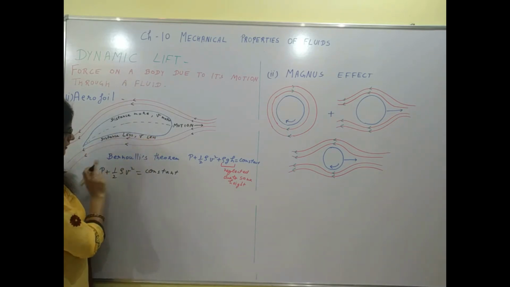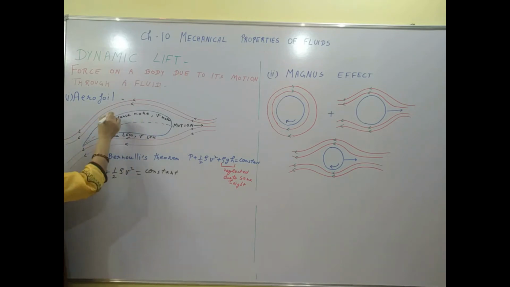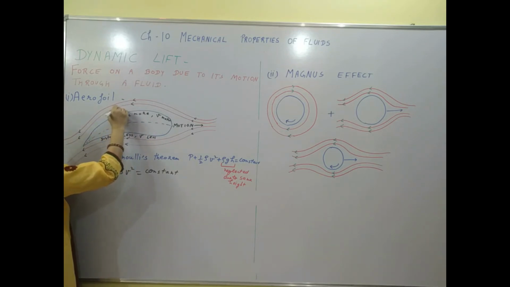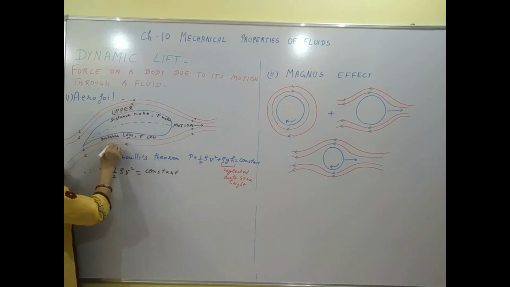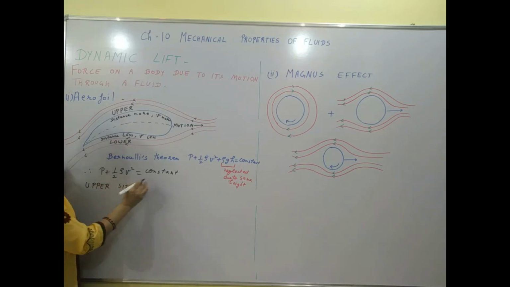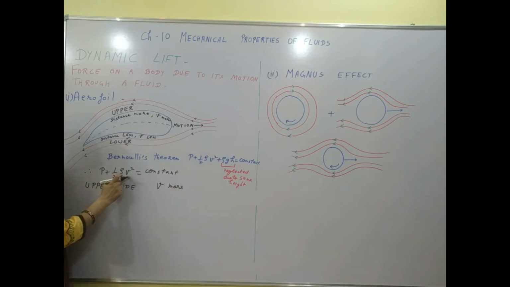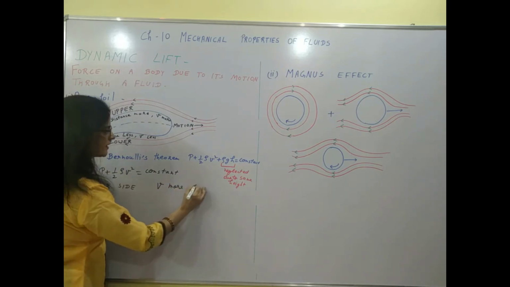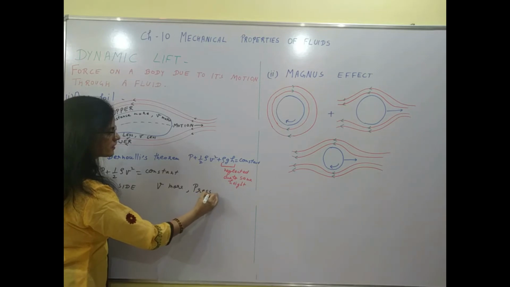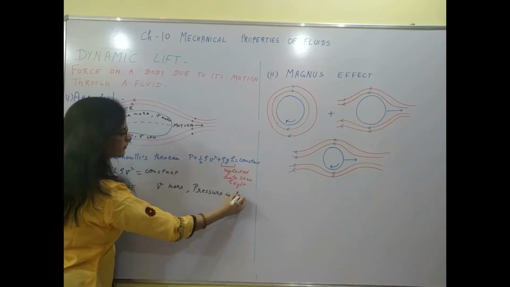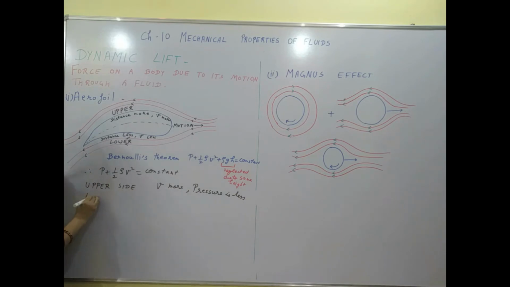If we mark this as the upper side and this one as the lower side, then on the upper side velocity is more. If velocity is more, this term will be more, so the left term will be less. So you can say that pressure is less.